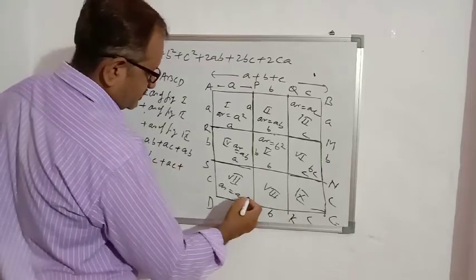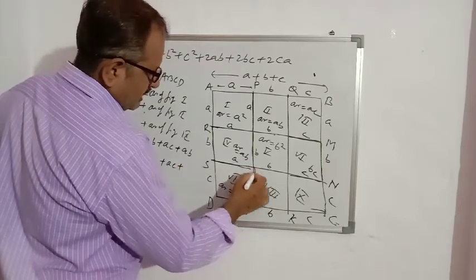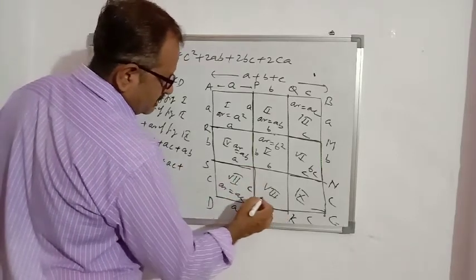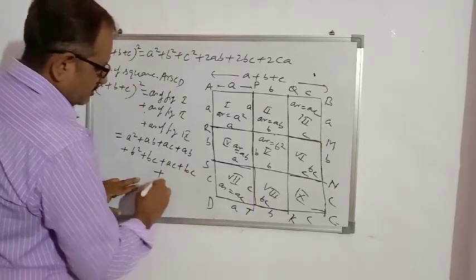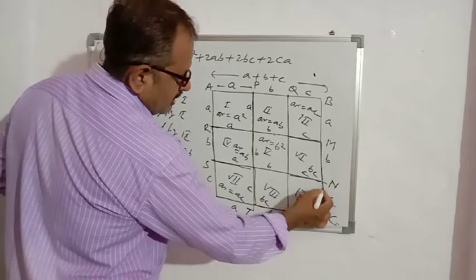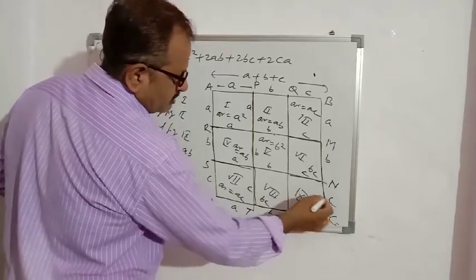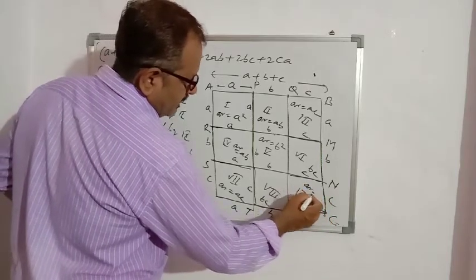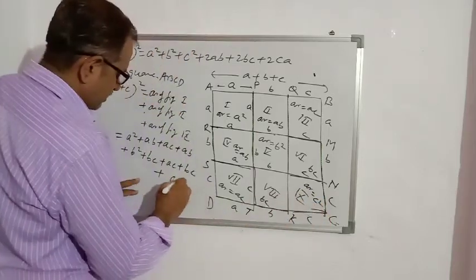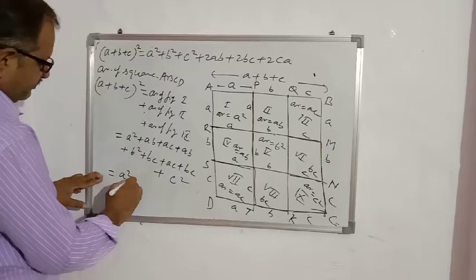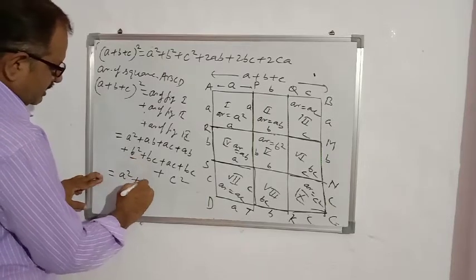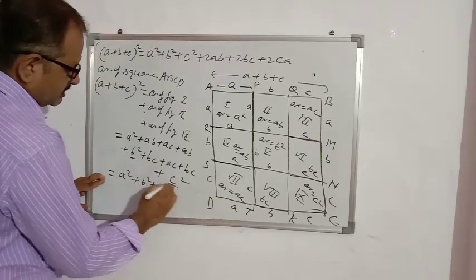Plus, this length is C, the breadth is B, so the area will be BC. Plus the last part, length and breadth both are equal to C. It is a square, so the area is C square. So A square plus B square plus C square.